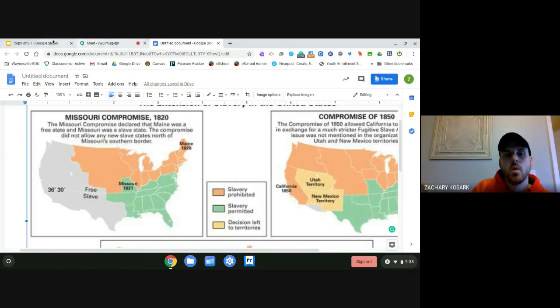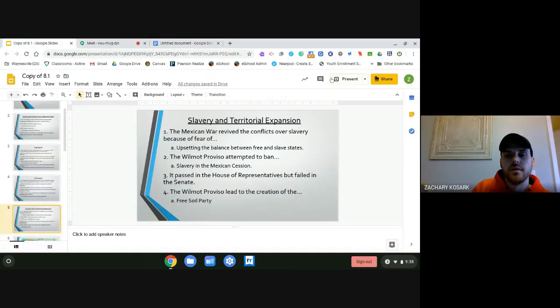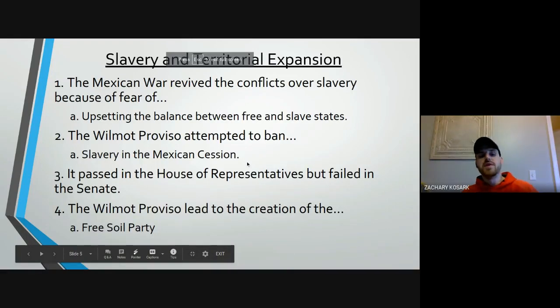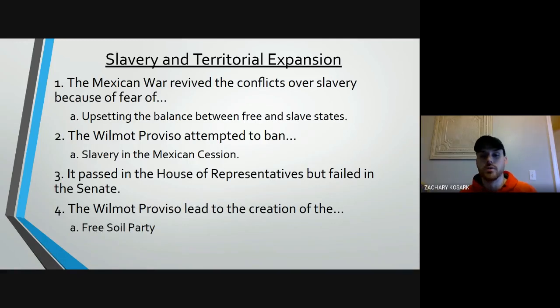After the Mexican-American War, things start to get more controversial in this area, because now we have all of this land, and the Missouri Compromise isn't really agreed upon anymore.